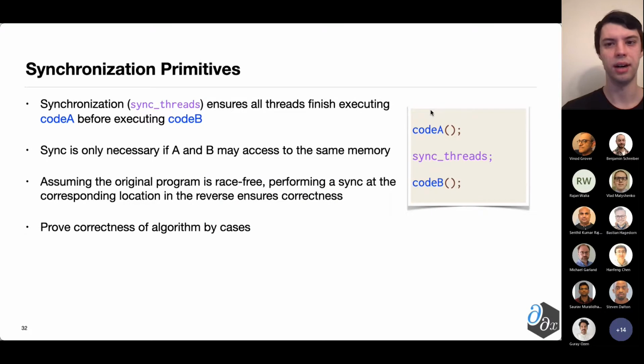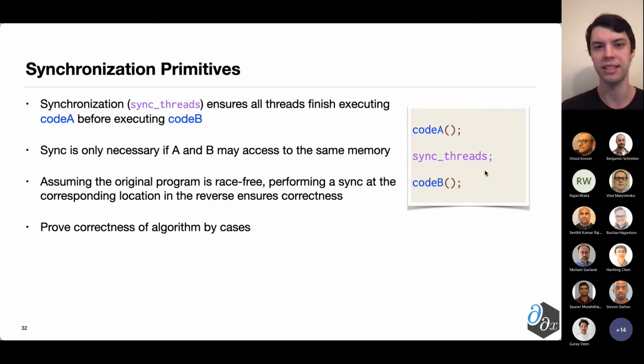The last big thing about GPUs, in addition to having those different types of memory and the parallelism, is that there also exist specific synchronization primitives which allow you to maintain certain characteristics of your program. Here it's specifically defined where you have some code which is run, then you have your sync threads, and then some code that's run afterwards.